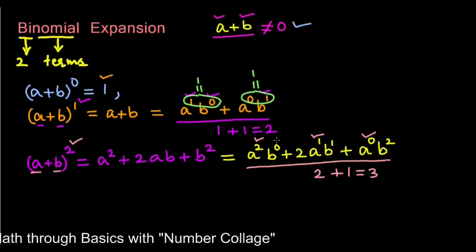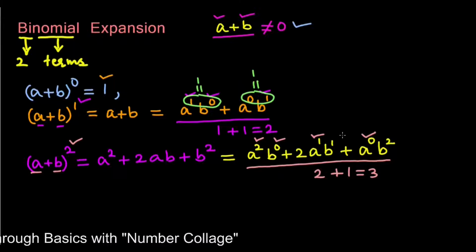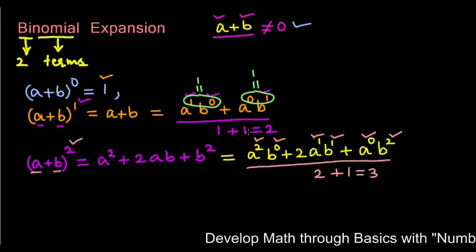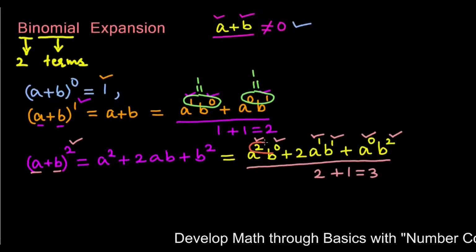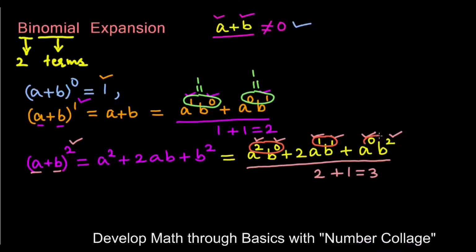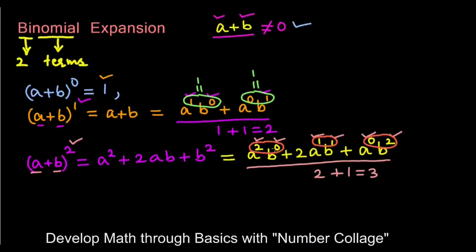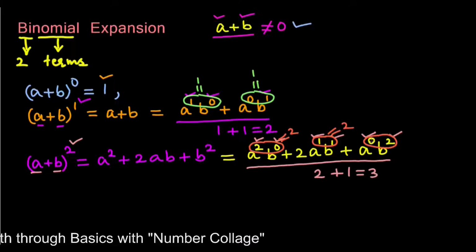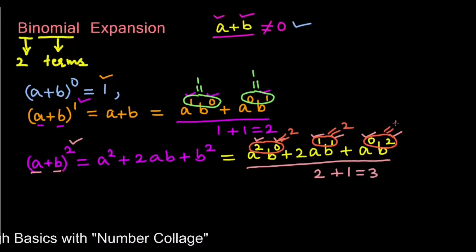So in the first term, power of b is 0. In the second term, power of b is 1. And in the third term, power of b is 2. And the third observation is the sum of powers of a and b in each term of the expansion is same. Here 2 plus 0 is 2, 1 plus 1 is 2 and 0 plus 2 is 2 again.